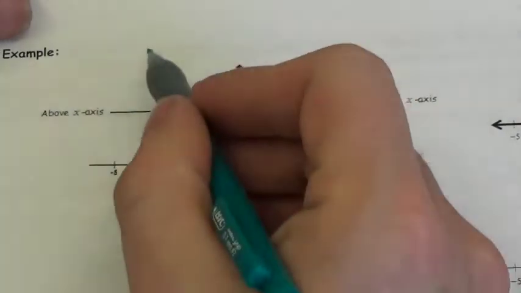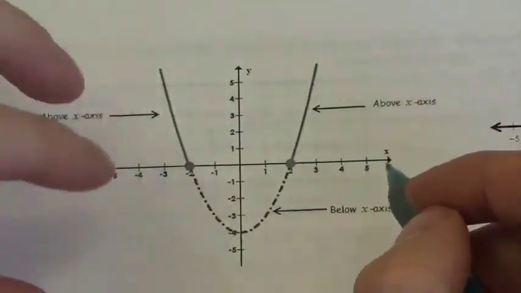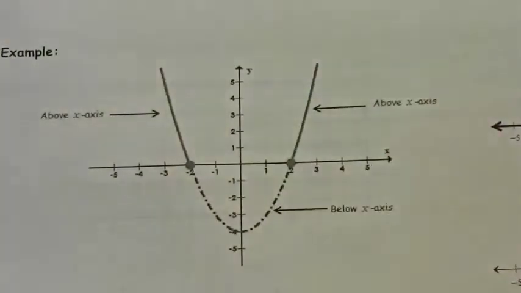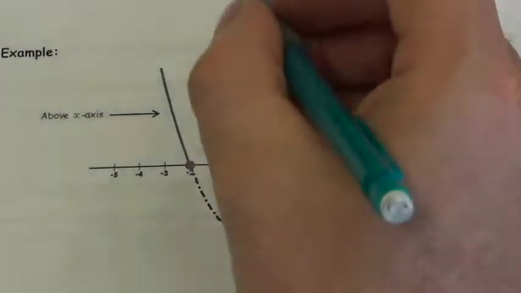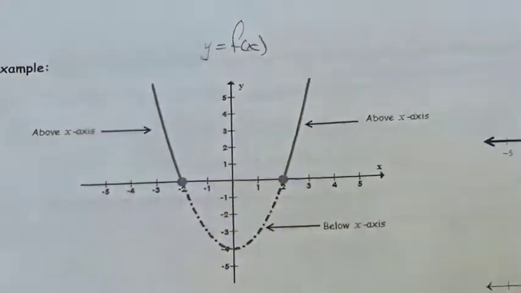Let's say we've got this other parabola right here. Again, what's going on here is we're not giving you the equation per se. All we're telling you here is that this is some function of x, some equation.